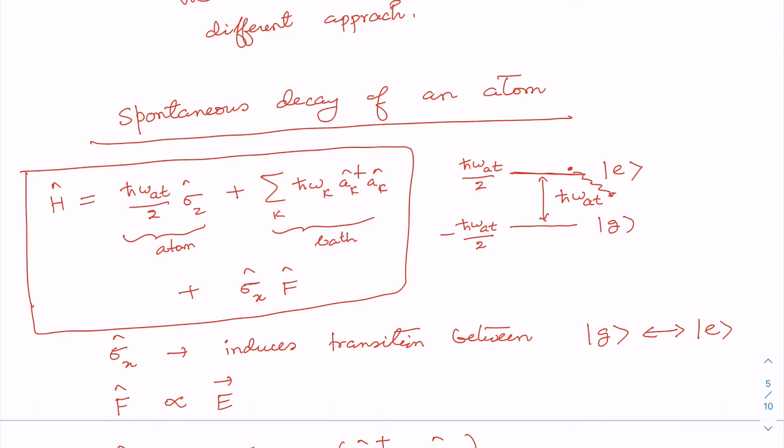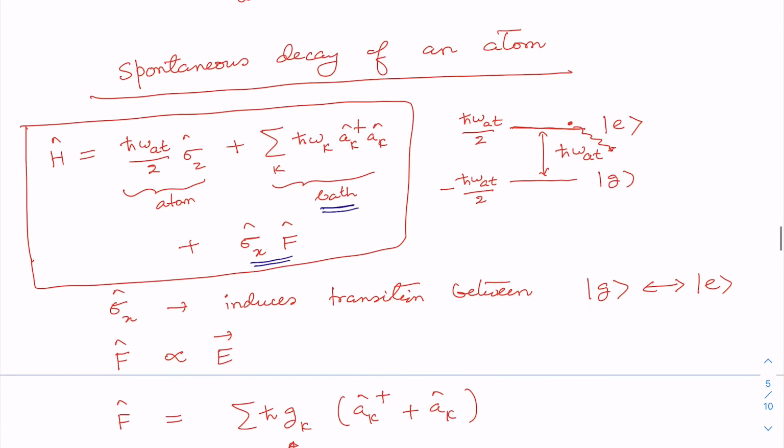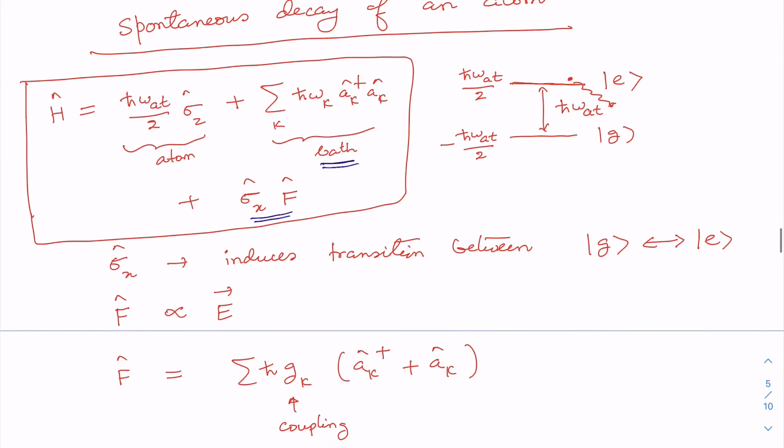The vacuum can be considered a collection of independent harmonic oscillators, termed a bath. The interaction between the atom and the bath is given by the operator sigma x times f, where sigma x introduces transitions between the ground state and the excited state, while the operator f represents the electric field, or any perturbation.